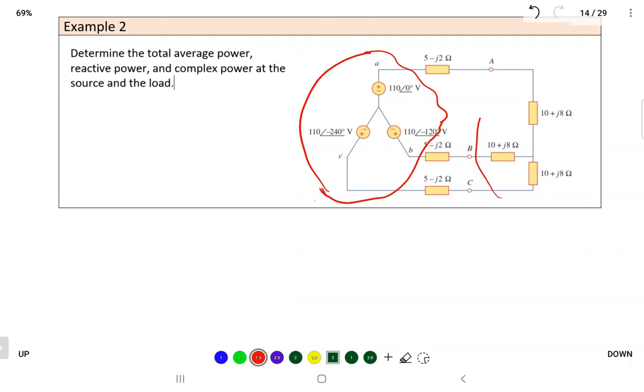And that's the load. Between the source and the load, like in the same example we did last lecture, we are calculating the current and the voltage across the load.